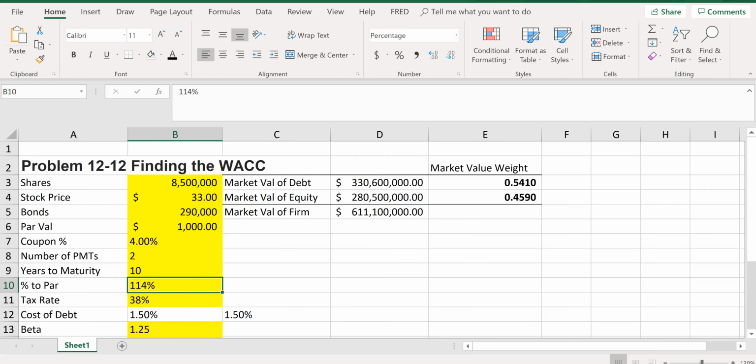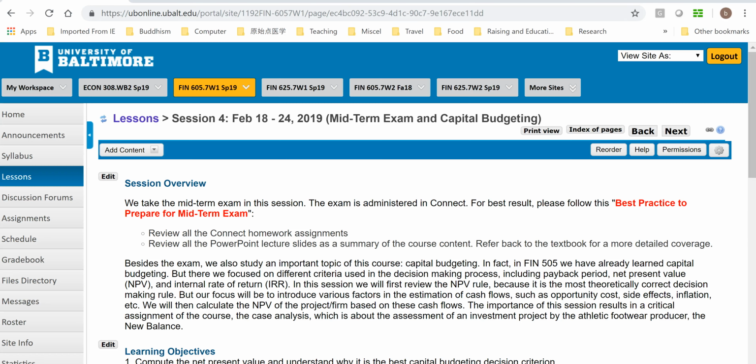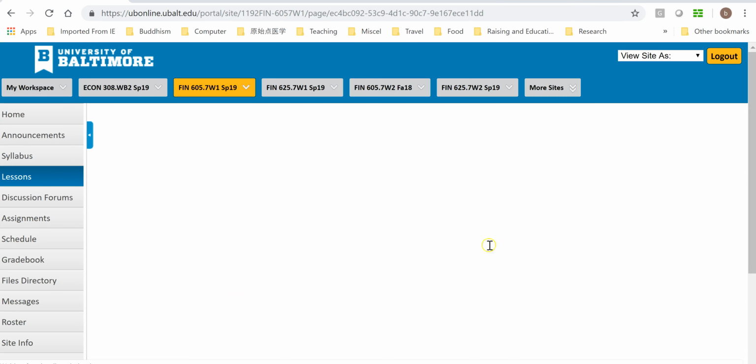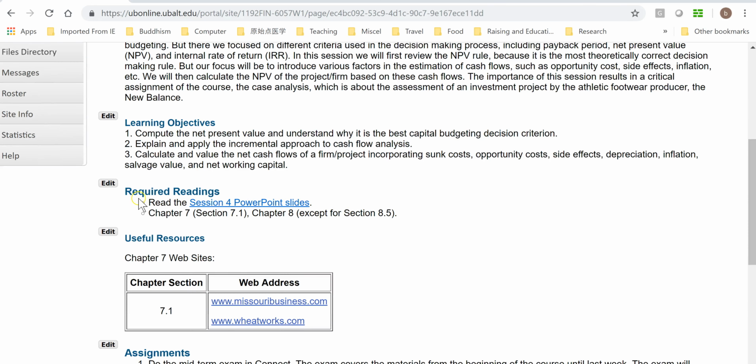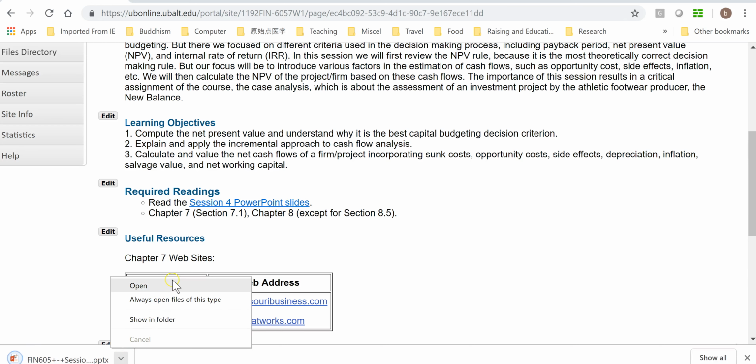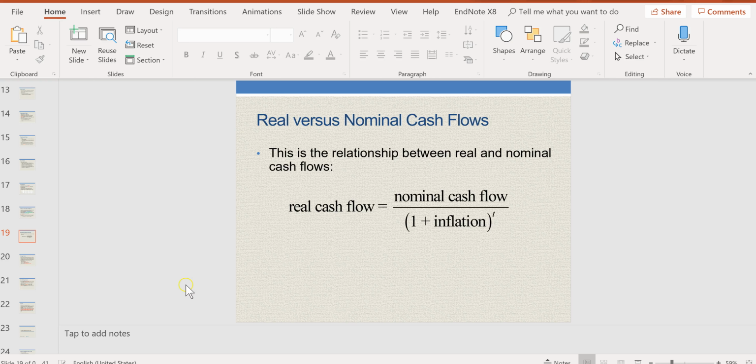So if you go to our SciCap website, go to the lessons, and we are at session 4, so just click on session 4, go to my required readings, the session 4 PowerPoint slides, click on that, and after downloading, open it.